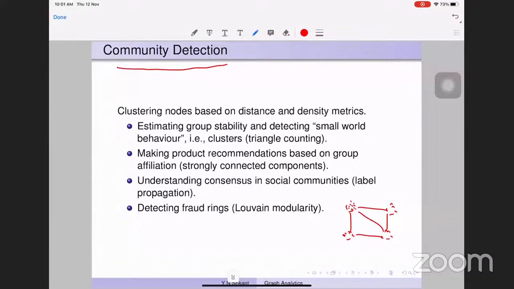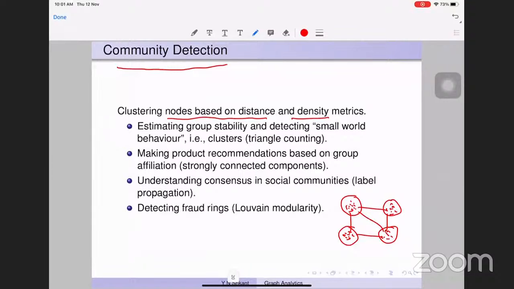There are a large number of connections within the small clusters here. So the basic idea is to detect such clusters. This is called community detection. Clustering nodes based on distance and based on density, how many nodes are in that cluster.